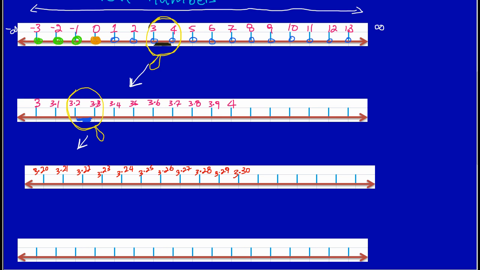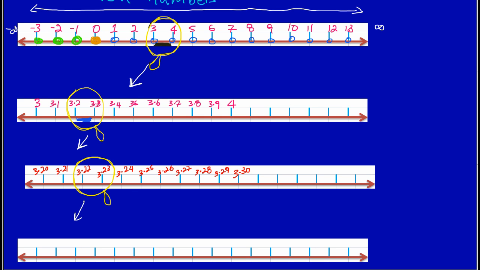I think you should be getting the general idea that it doesn't matter how much I blow up my number line, I will be getting smaller and smaller values. So if I take another magnifying glass and blow up that region there, I could represent that on this number line down here.